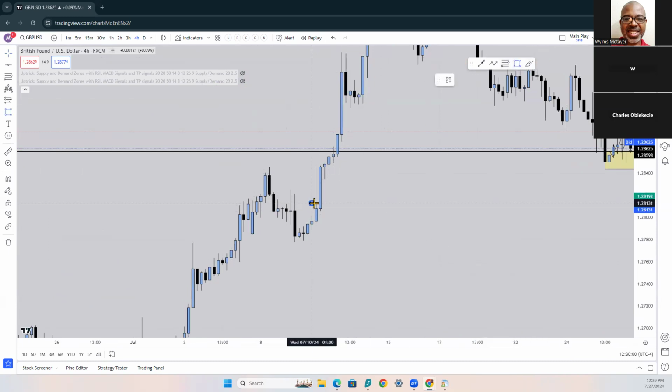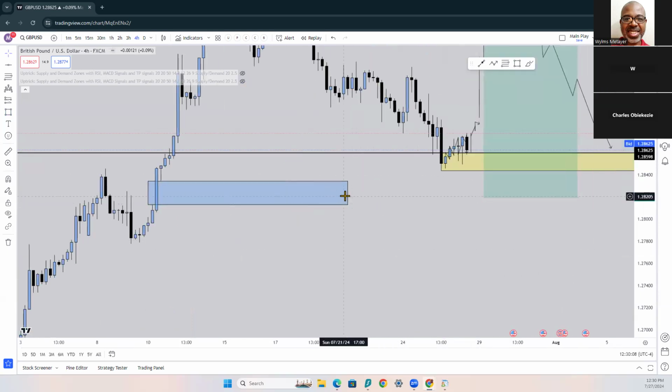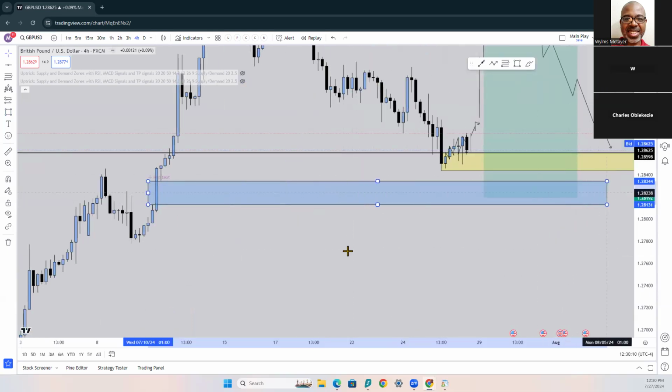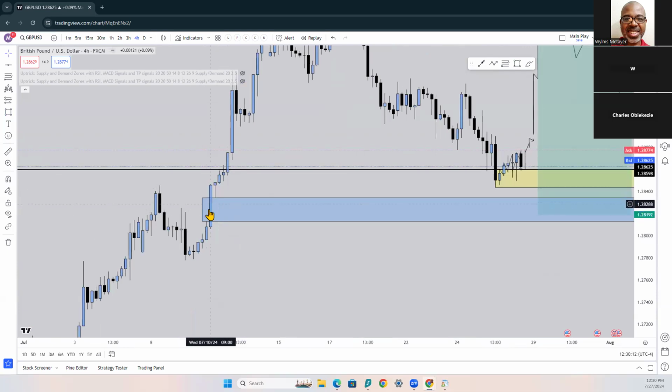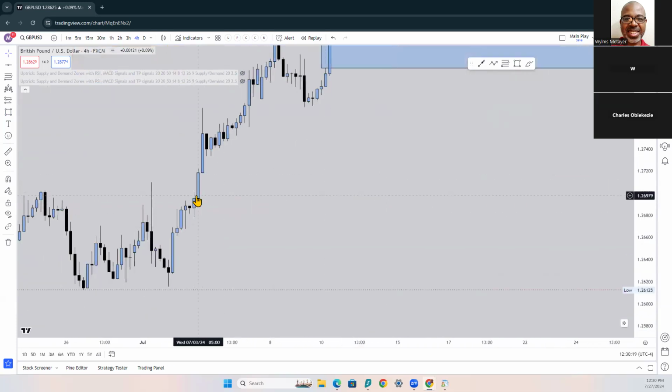This wick and this wick is far apart with the blue candle in the middle, created a gap. So what the market has to do, it's got to come back. It's got to come back and fill this gap before it can go higher. Okay. And there's another gap right here. There's another gap.